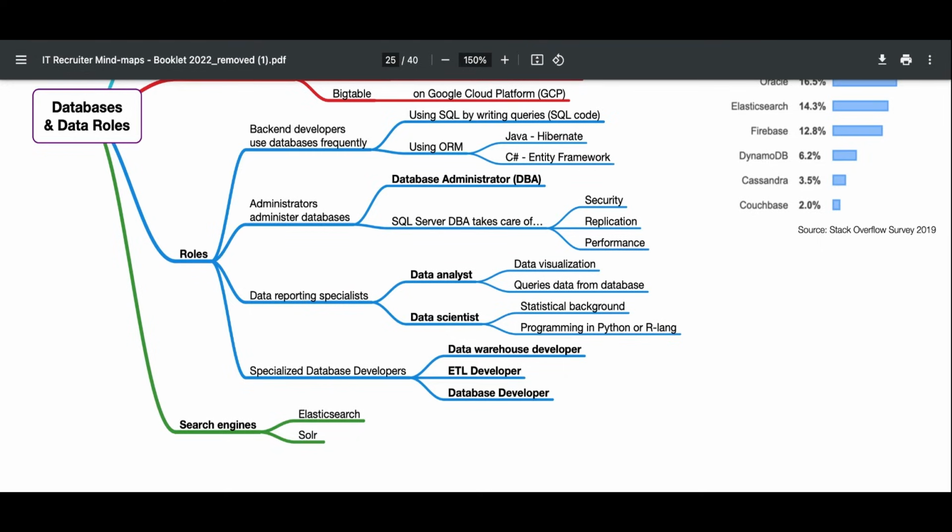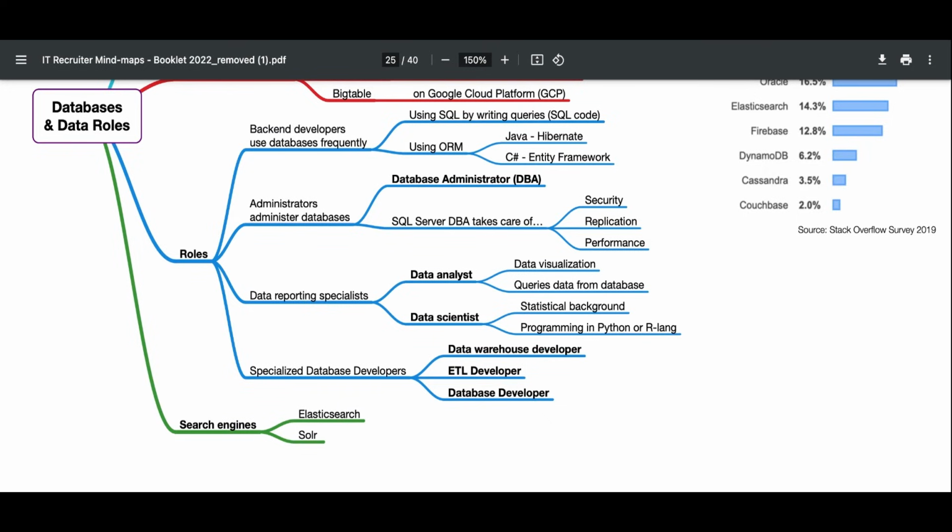So let's quickly do the recap. What we need for these data roles: common languages are Python, R, Java, Scala. For data visualization, we use tools like Tableau, Power BI, Qlik. For big data, we use Hadoop, Spark, Kafka.